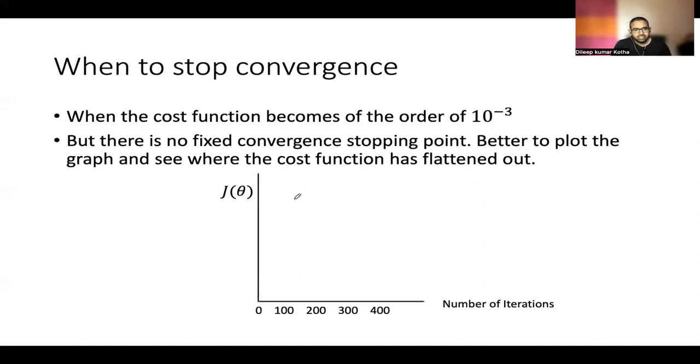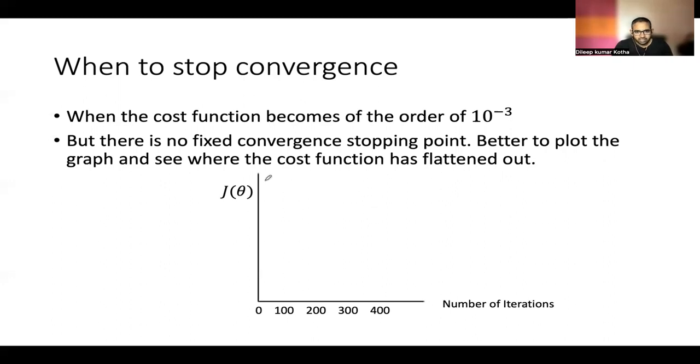So usually people say to stop when the cost function becomes of the order of 10 to the power of -3, but it is better to not fix any convergence point. Just plot the graph of the cost function as a function of number of iterations, and you will see when the cost function has flattened out, and then you can stop. The other way is to look at the difference in the cost function between the previous iteration and the current iteration. If it has flattened out, then you can stop the iterations for convergence.